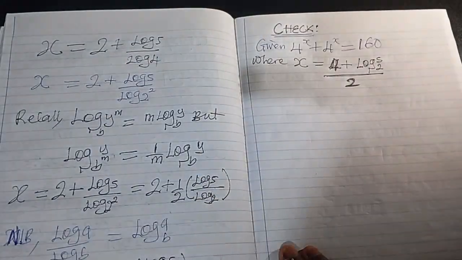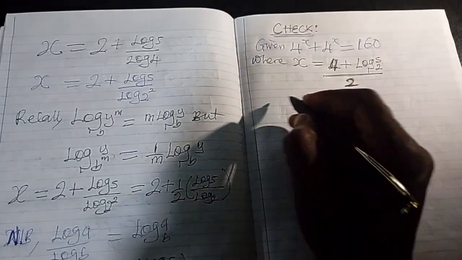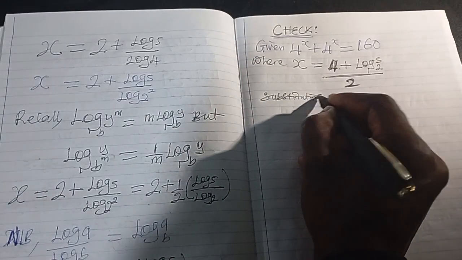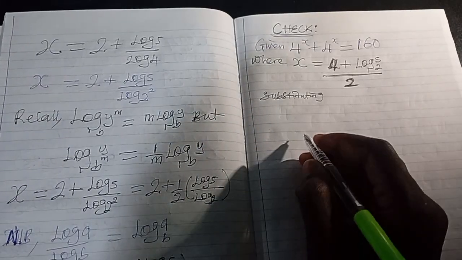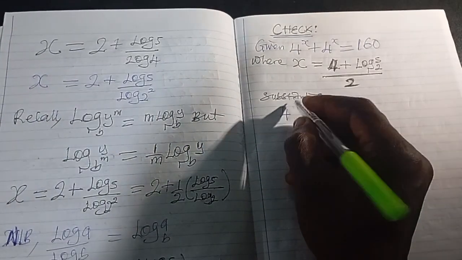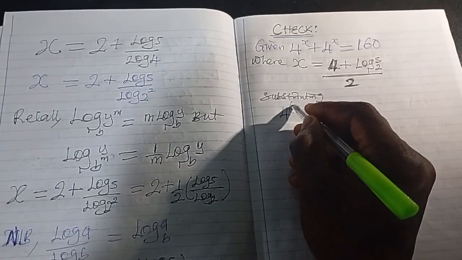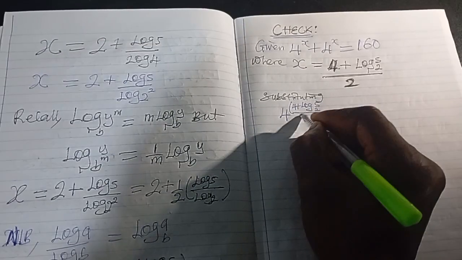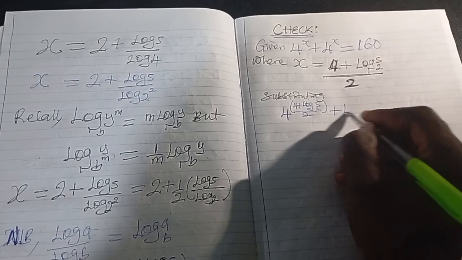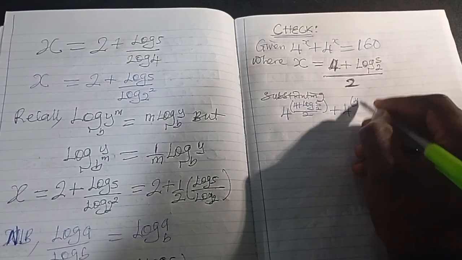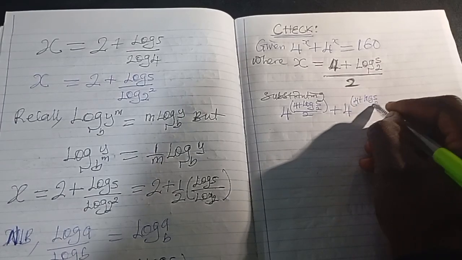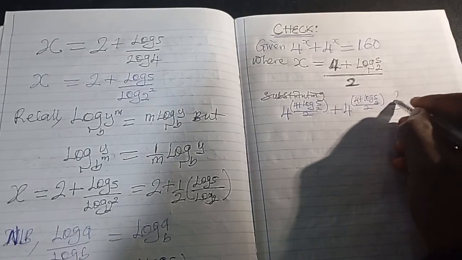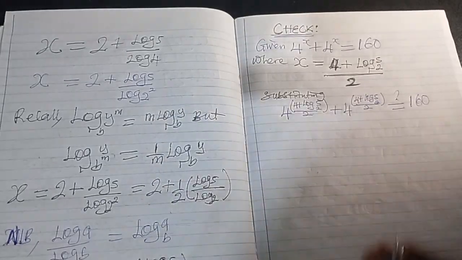Substituting, I will have 4 raised to power (4 plus log 5 base 2, all divided by 2) plus 4 raised to power (4 plus log 5 base 2, all divided by 2). Is it equal to 160?